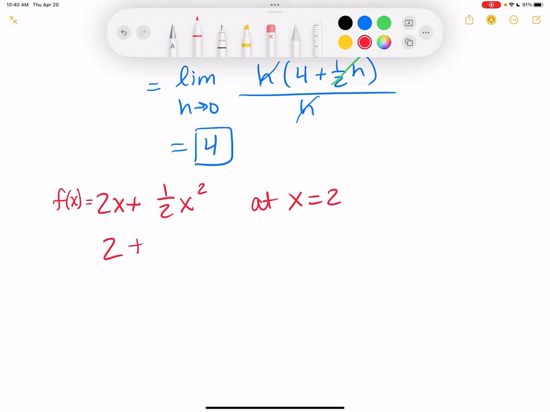You would put the 2 out front, that would cancel, and you're left with x to the 1. So it's just x. At x is equal to 2, 2 plus 2 is equal to 4. And we're done.